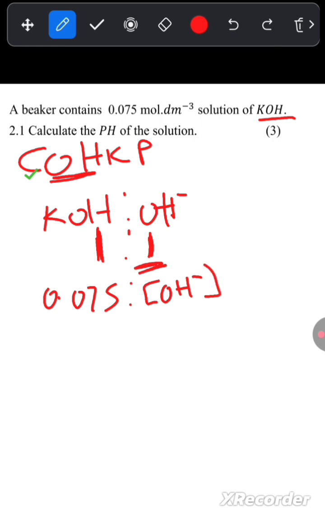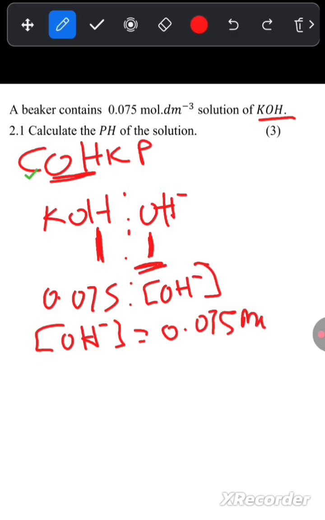Since the ratio is 1:1, the concentration will be the same. So the concentration of OH minus is 0.075 mole per cubic decimeter.